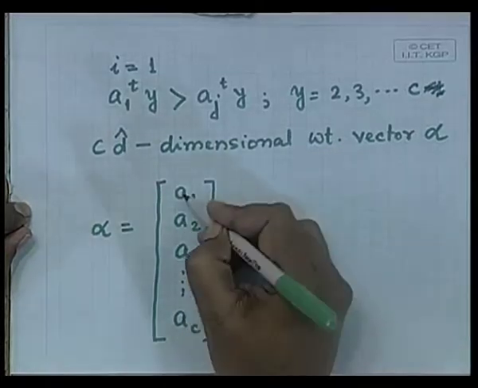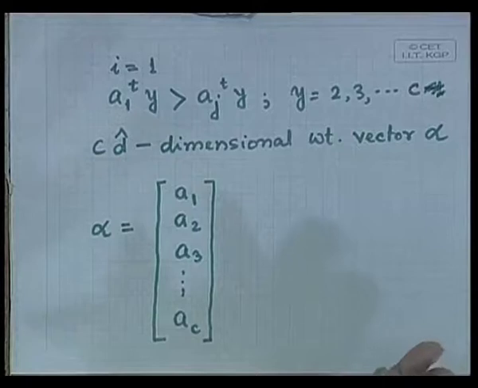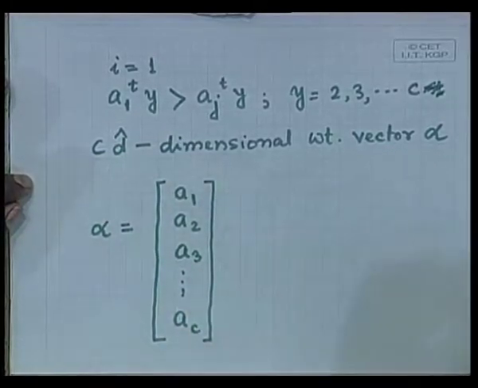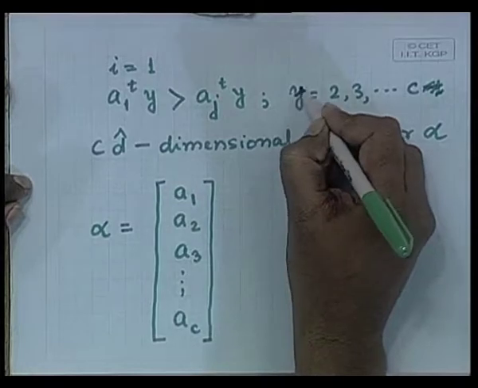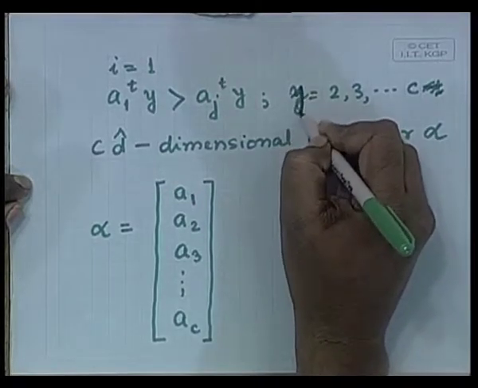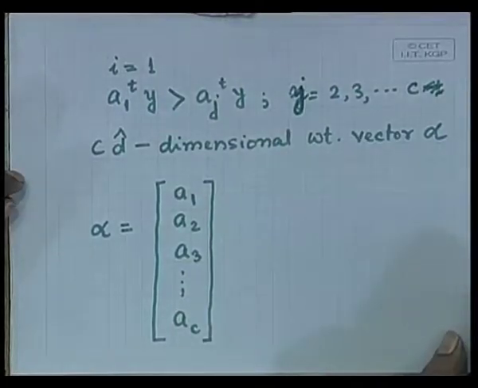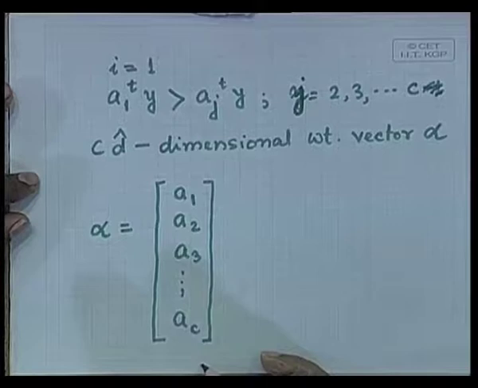I have c number of such weight vectors, so the overall dimension of this vector alpha is c into d hat. Here j equals 2 to c.